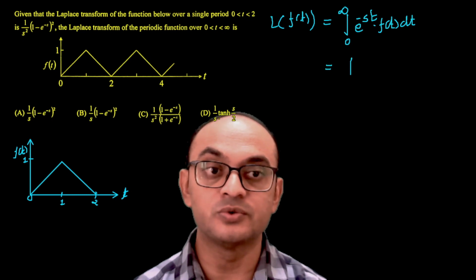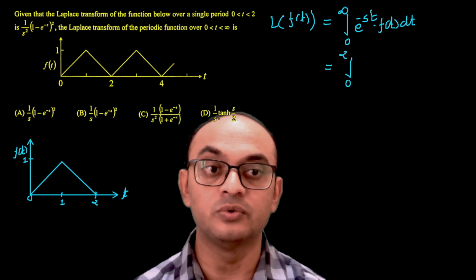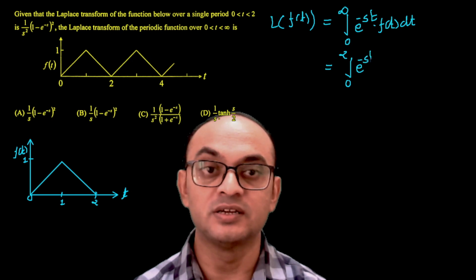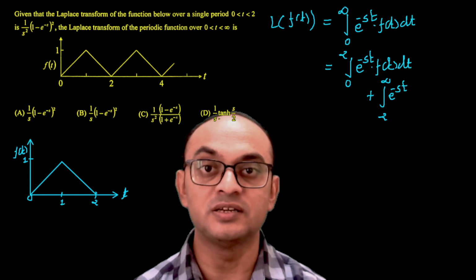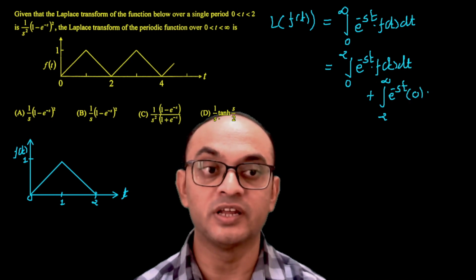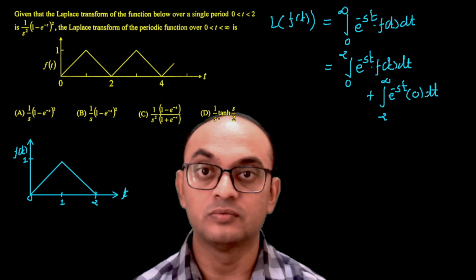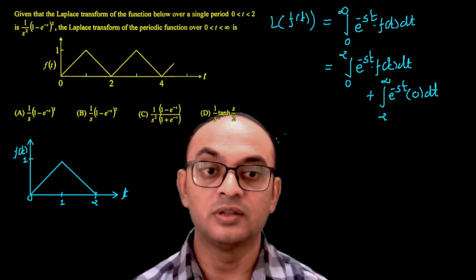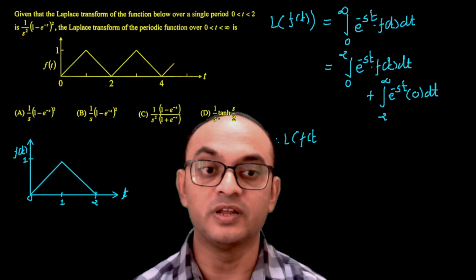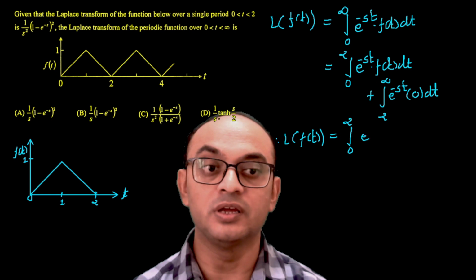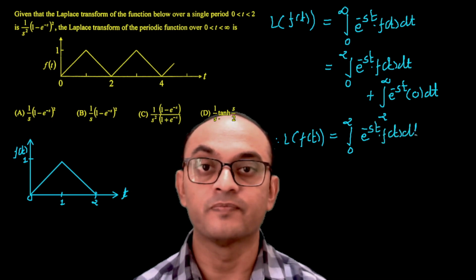This is equal to the integral over 0 to 2 of e^(−st) times the given function, plus the integral from 2 to infinity of e^(−st) times the function, which is 0 there. So the Laplace transformation of f(t) is equal to the integral over 0 to 2 of e^(−st) f(t) dt.